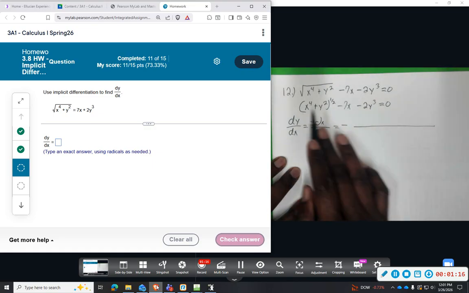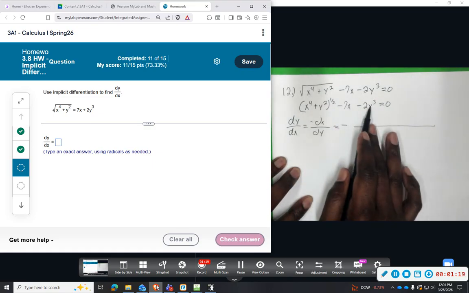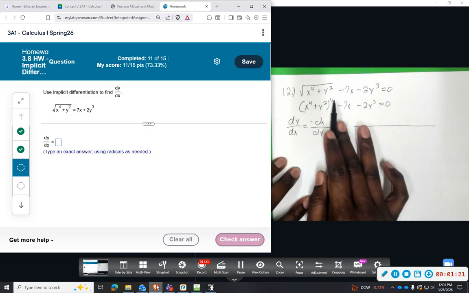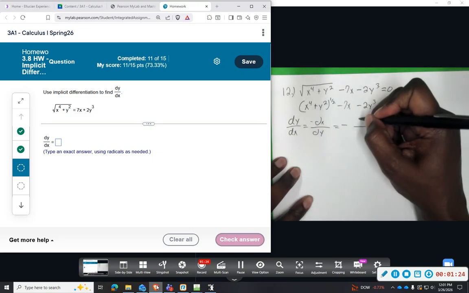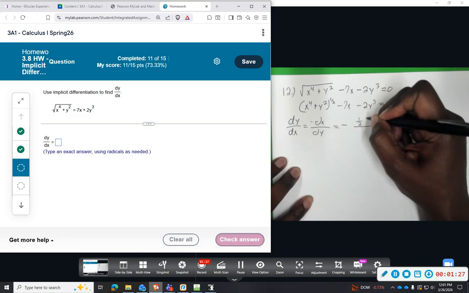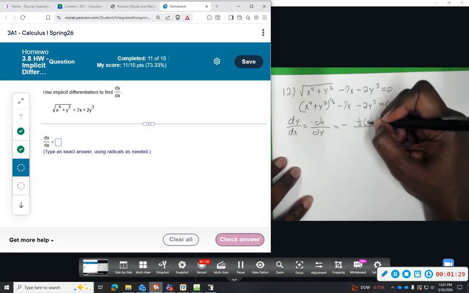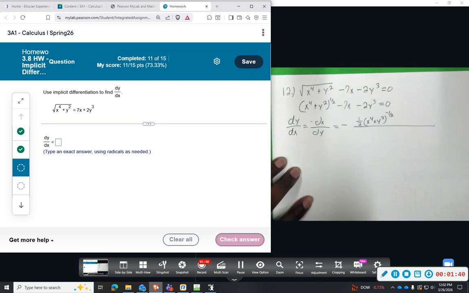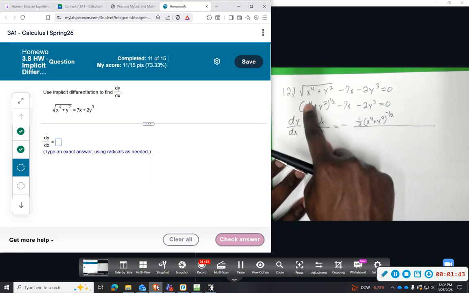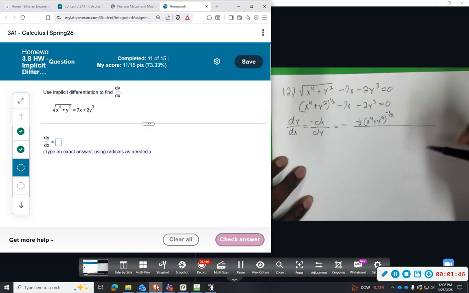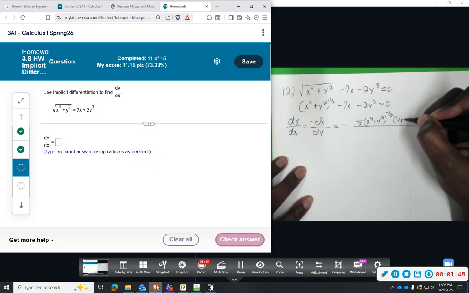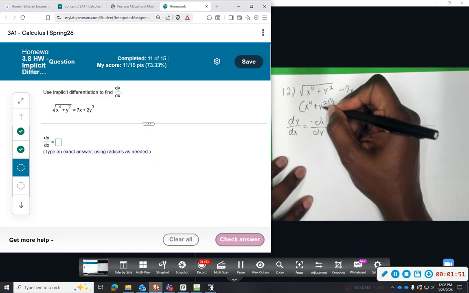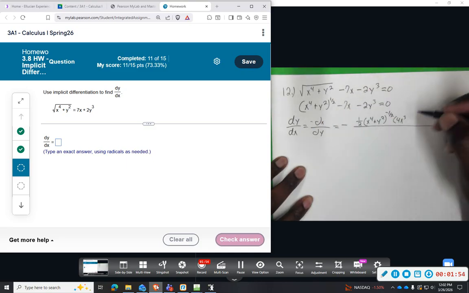So focusing on x, I'm going to do this term and this term. That's a constant, it will be 0. So the derivative of this term using the power rule will get 1/2, leave the inside alone, x to the 4th plus y squared, and then you subtract 1, so that'll leave me a negative 1/2, and then times the derivative of the inside, so the derivative of x to the 4th will be 4x to the 3rd, and the derivative of y is going to be 0 because we're treating it like a constant, just doing a partial derivative.